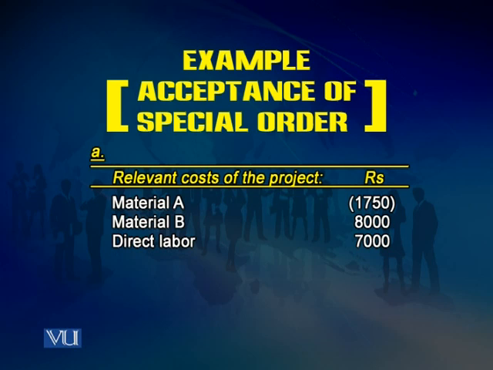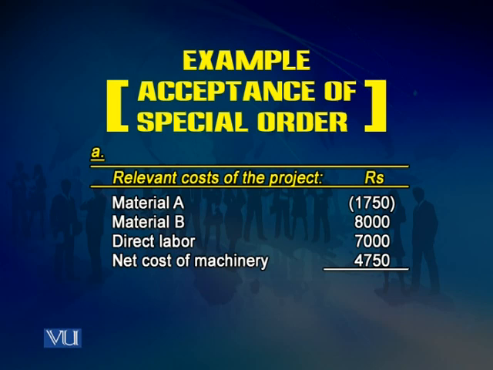Direct labor, we had said the cost was going to be 6,000, but because they are engaged on existing activity and replacing them would cost 7,000, here the relevant cost of direct labor is, instead of being 6,000, 7,000. Machinery cost, we were told, was going to be 10,000 for acquisition, and 5,250 at the end of the project would be the disposal proceeds.